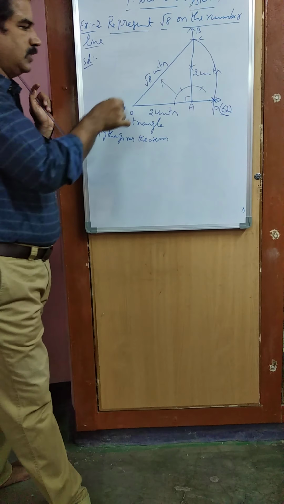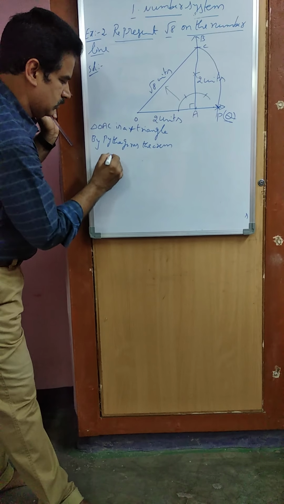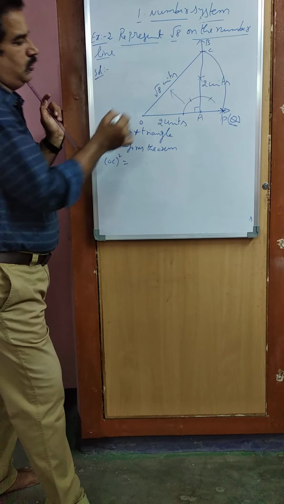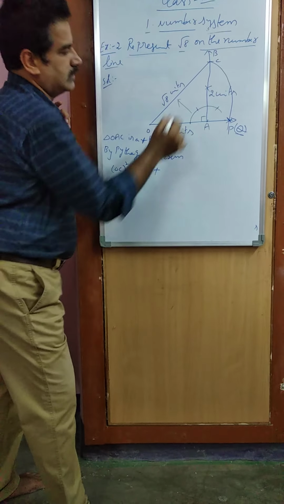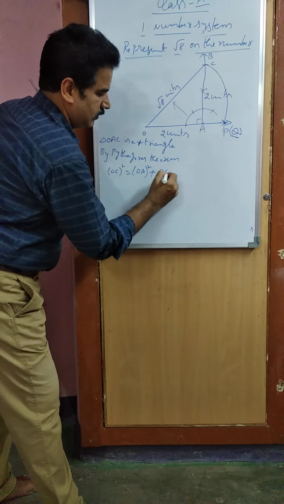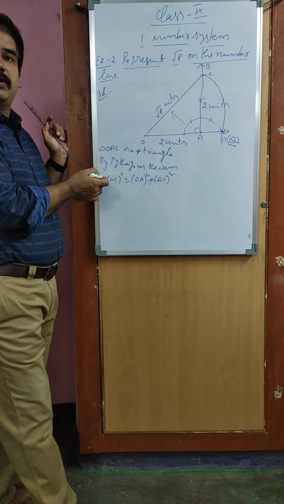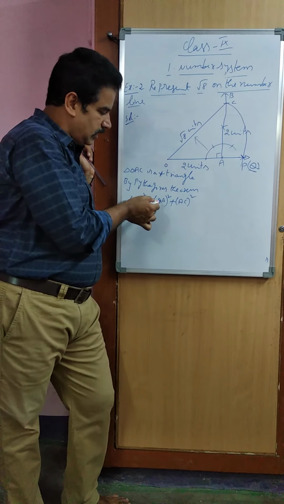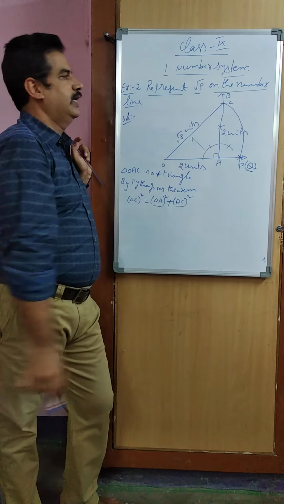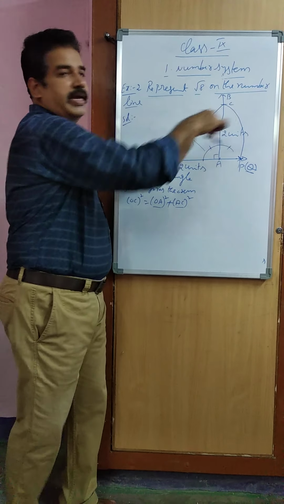So here the hypotenuse is OC. OC whole square is equal to OA whole square plus AC whole square. The square of the hypotenuse is equal to the sum of the squares of the other two sides, OA and AC in this right triangle OAC.